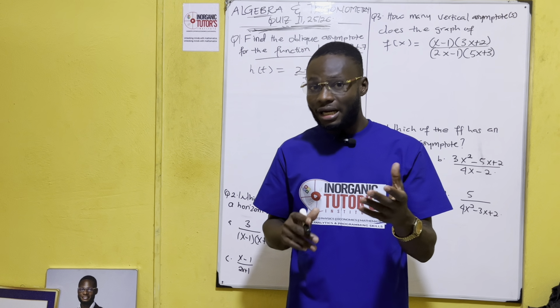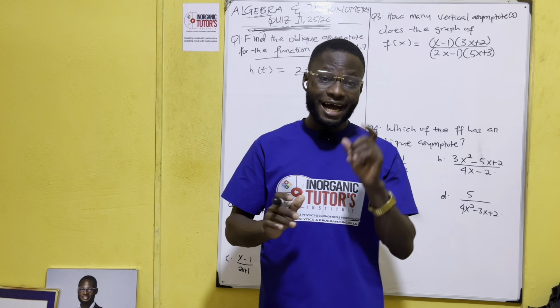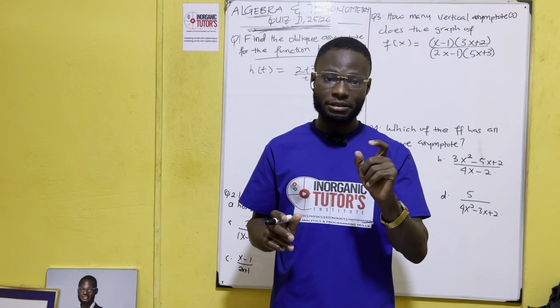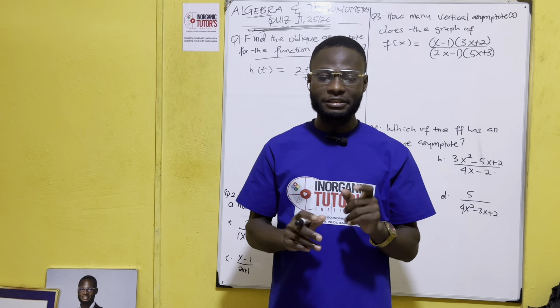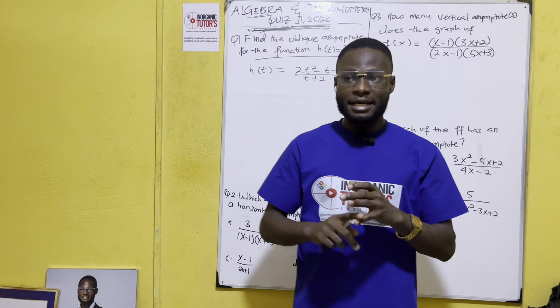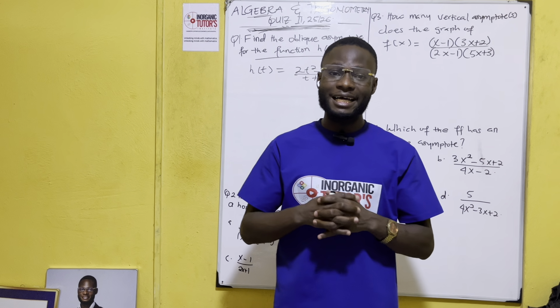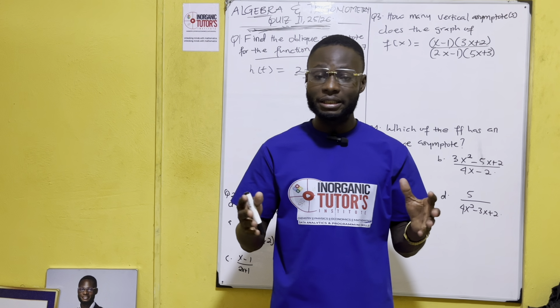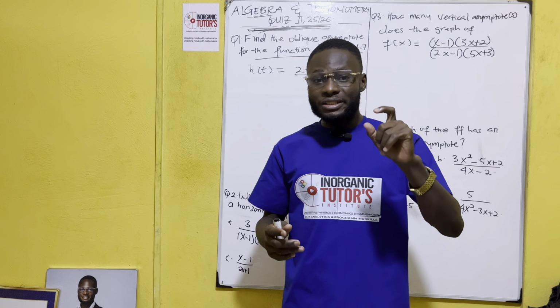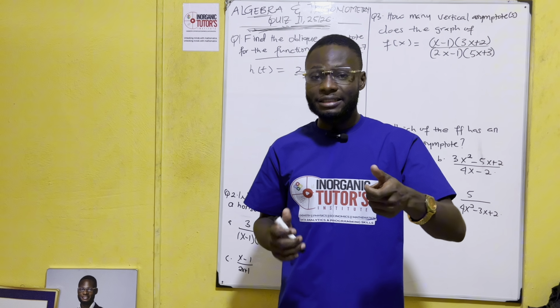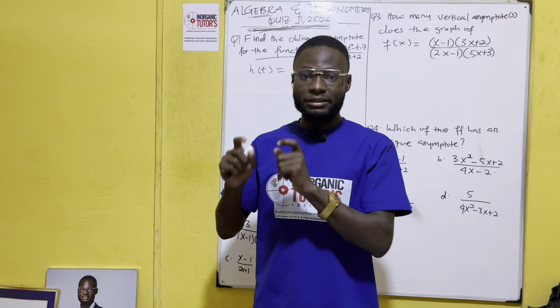Now, the second asymptote is the horizontal asymptote. It deals with three conditions. The first condition is if the degree of the numerator is less than the degree of the denominator, then the horizontal asymptote is at y equals 0.